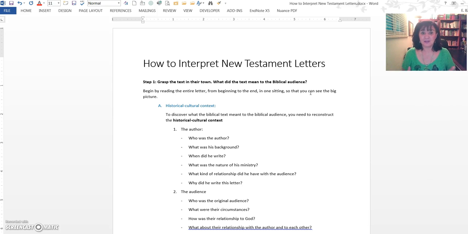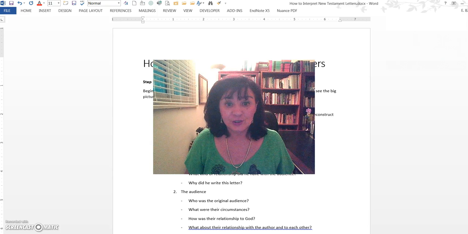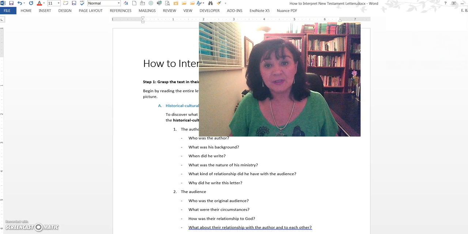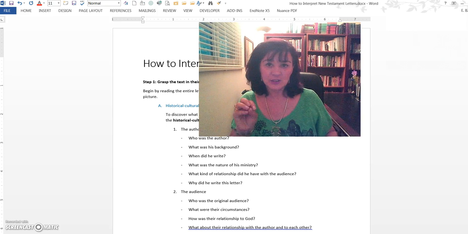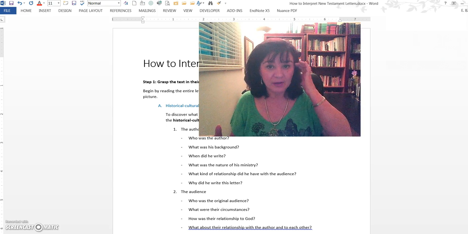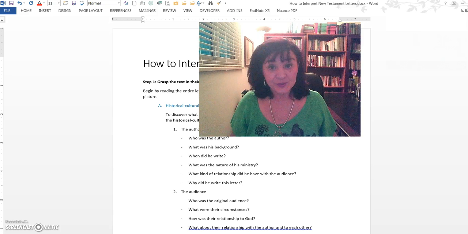Every letter was written with the intent of being read from the beginning to the end. Even when you write a letter, you want your audience to read it from the beginning to the end. What would happen if they just read a paragraph in the middle and don't read the whole thing? There is a great risk that they may misunderstand you.